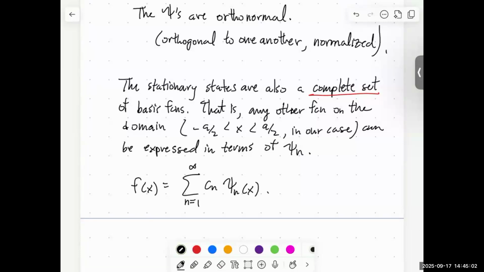The only job is to find the correct coefficients so that when you evaluate the sum, it matches your f of x. So for our specific example of the infinite square well, we had our normalization constant for psi, and then the sum of n equals 1 to infinity of Cn, which we don't know yet, and then sine kn (x minus a/2), like so.